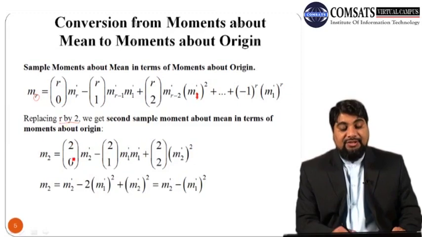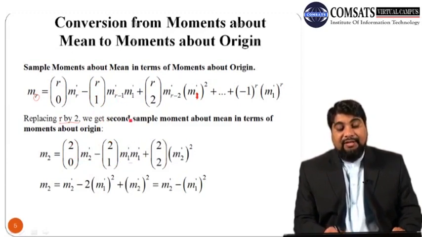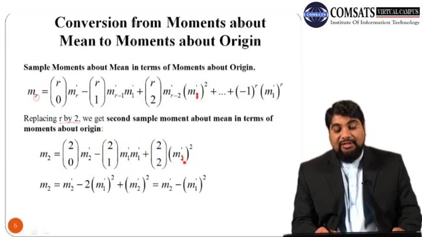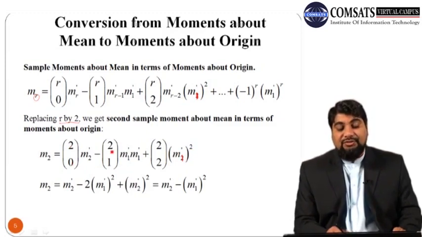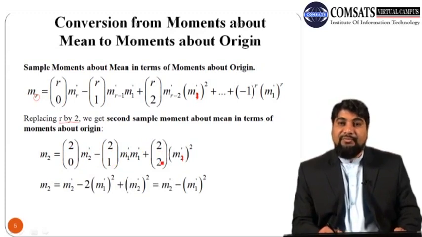Here 2C0, then m2 dash, then minus as it is, 2C1, then m dash 2 minus 1, it is 1, and this m1 dash as it is, then 2C2, then m dash 2 minus 2 which is 0, so no need to write it, but here we have m1 dash whole square. So now we have to simplify this 2C0, 2C1 and 2C2.